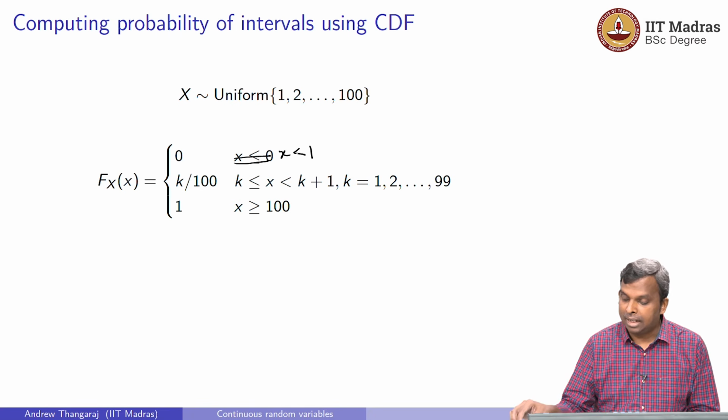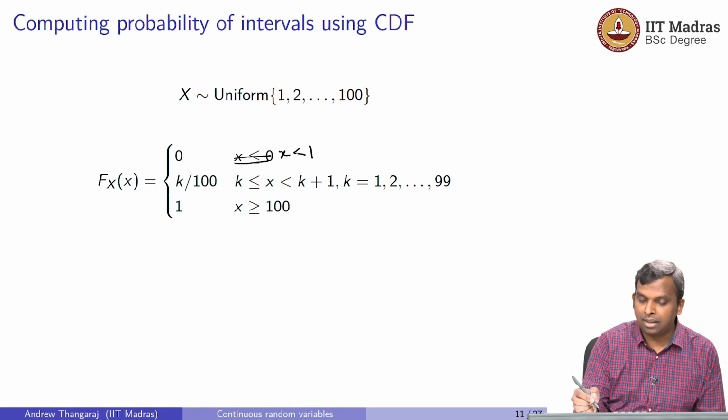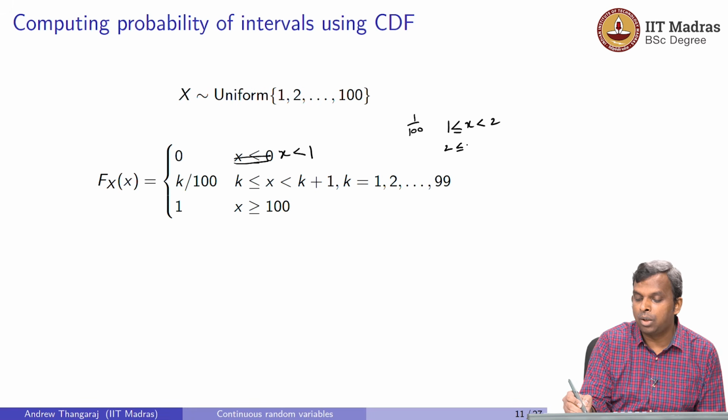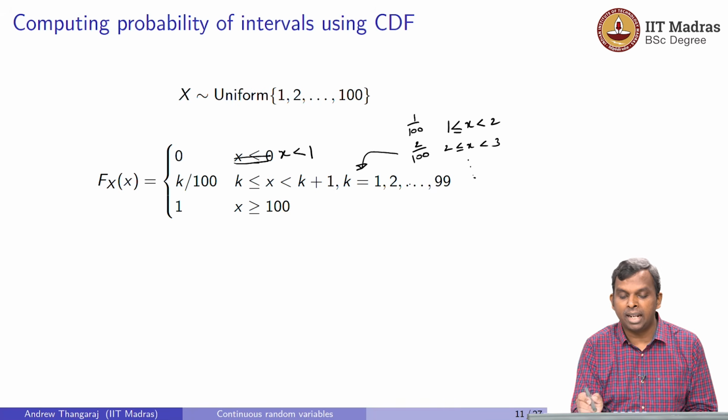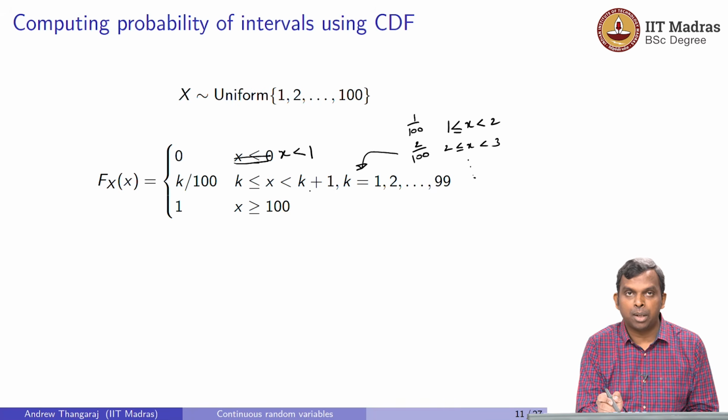And then after that, if x is between 1 and 2, it takes value 1 by 100. When x is between 2 and 3, it takes value 2 by 100 and so on. This is captured in this description. If k is 1, 2 to 99 and x falls between k and k plus 1, inclusive of k, not including k plus 1, then you have k by 100 for the probability.